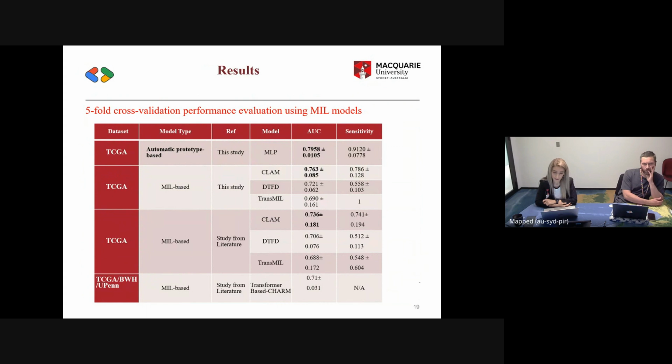And in terms of evaluating against multi-instance learning models, our prototype-based unsupervised model, when it uses the automatic prototype-based approach, could achieve significant performance compared with other multi-instance learning models in the literature and in this study. Among these multi-instance learning models, CLAM could achieve higher performance among those 3 state-of-the-art methods.